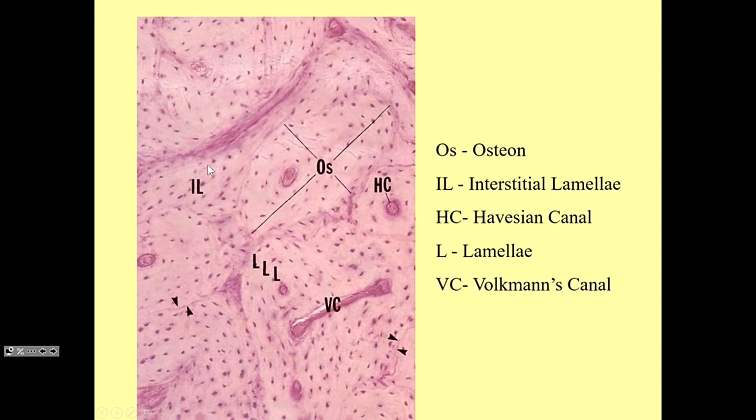You can see some interstitial lamellae, remnants of old osteons. And here's a Volkmann's canal from one Haversian canal down the center of an osteon here and here, forming a bridge between two adjacent osteons. And it would zigzag all the way across this compact bone.